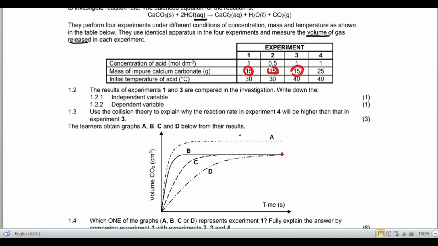Okay, now this one is clear: it is experiment number 4 because it has the greater mass. So A is experiment number 4 because of the bigger mass.